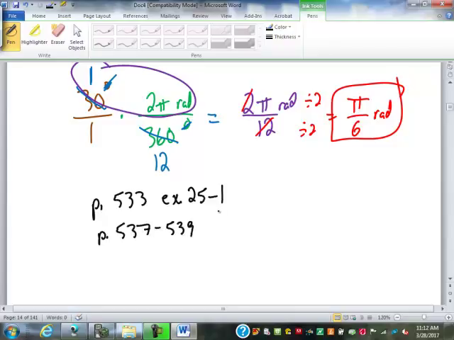So on page 533, it's exercise 25-1. Page 537 to 539, it's exercise 25-4. Page 542 through 544, it's exercise 25-7.